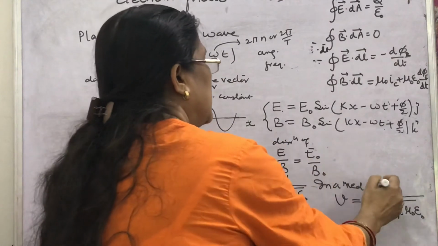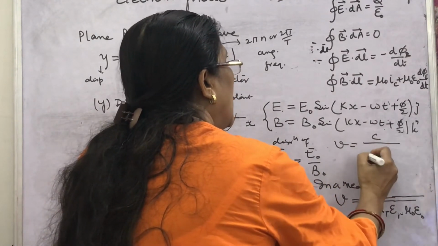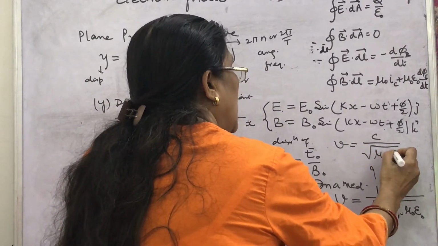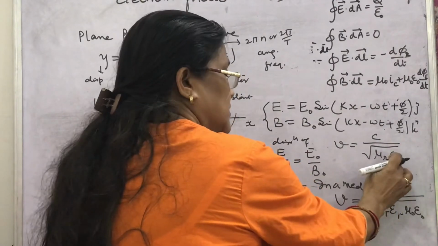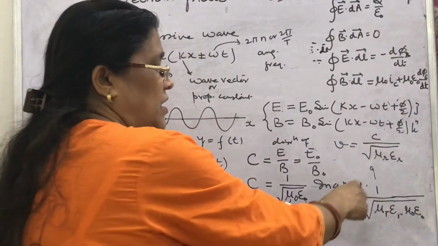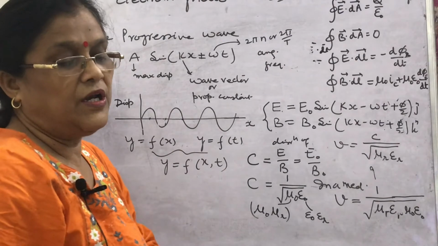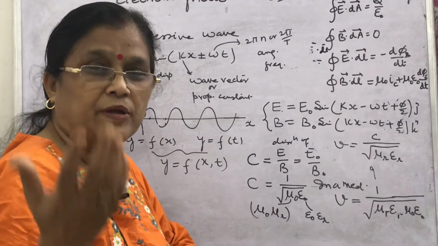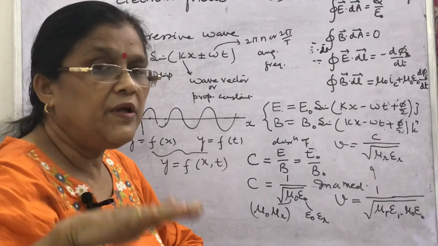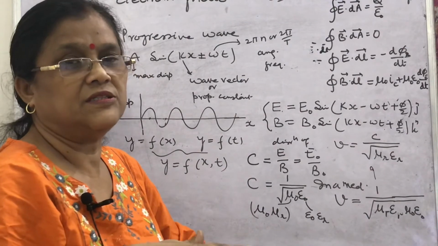You can put that v can be written as c upon under root mu r into epsilon r. This is also called K, the dielectric constant, epsilon r, and relative permeability mu r. So, in terms of relative permeability and permittivity, it means that in the presence of a medium, the speed of light decreases.